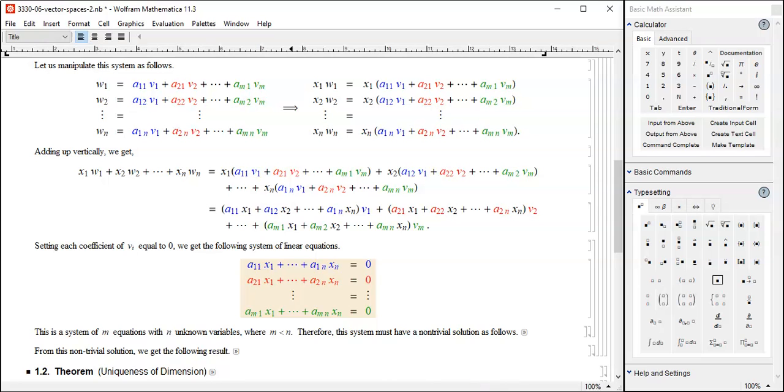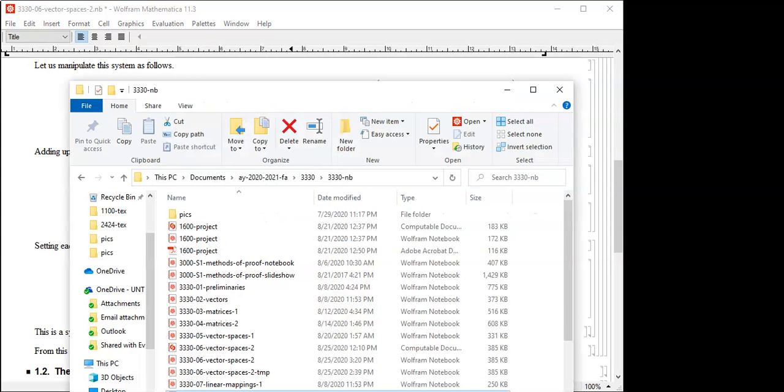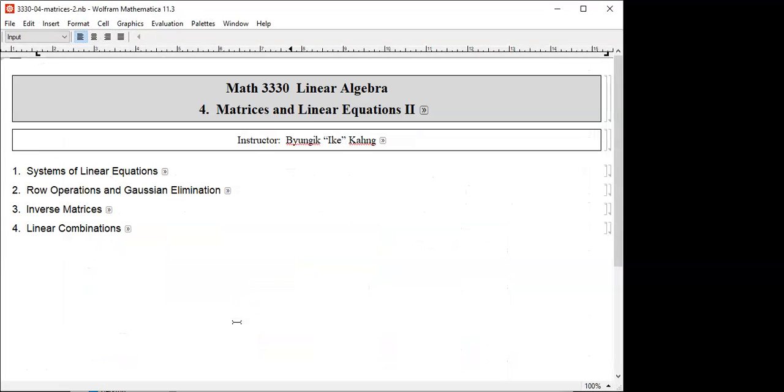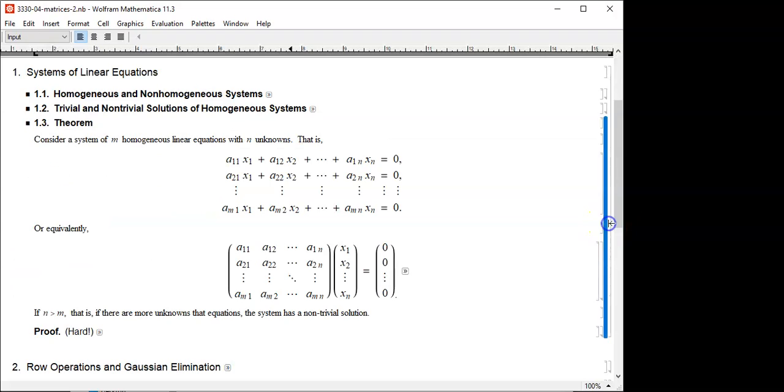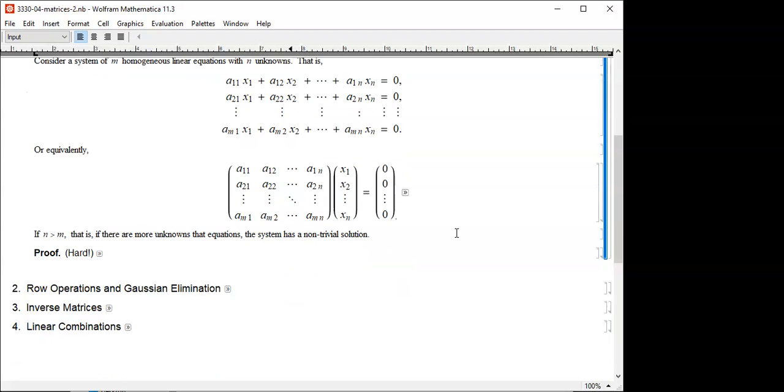By the way, we're talking about this, to tell the truth, in module 4: this theorem says that if you have more unknowns than the number of equations, then there's at least one, and consequently infinitely many, non-trivial solutions.